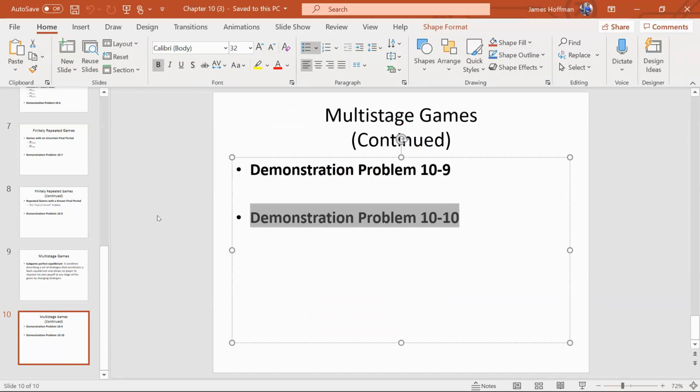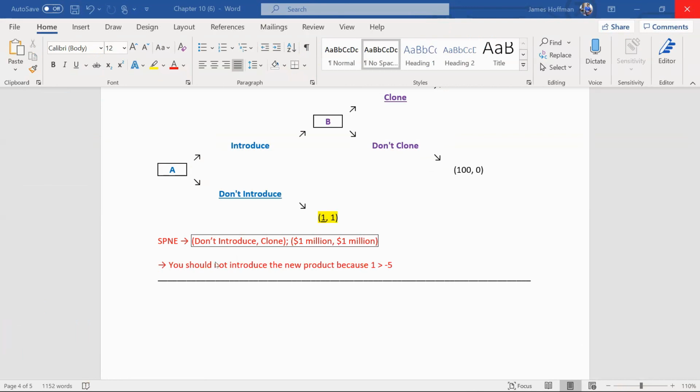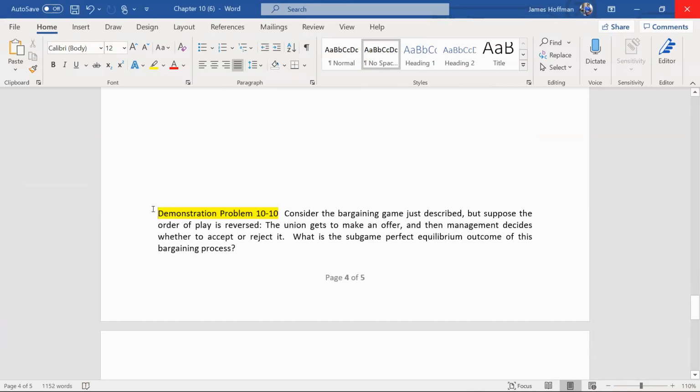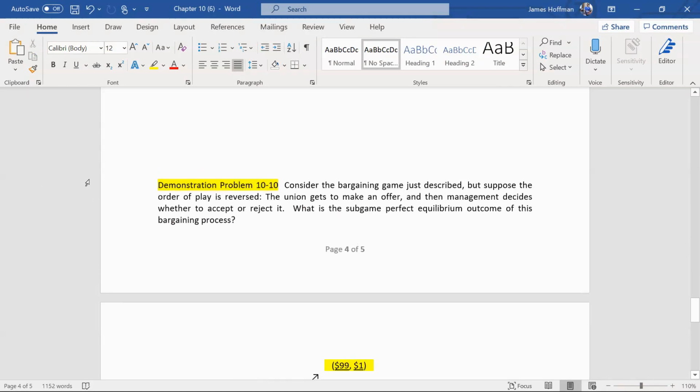All right, let's do another example of a multi-stage sequential game. Demonstration problem 10.10. Okay, here we go.